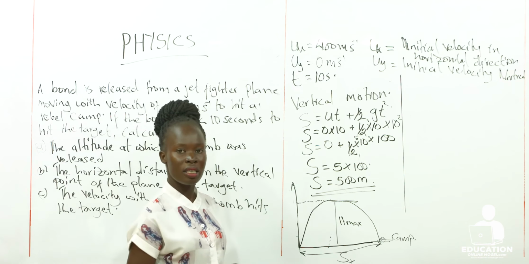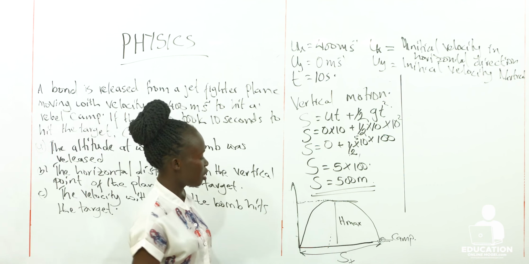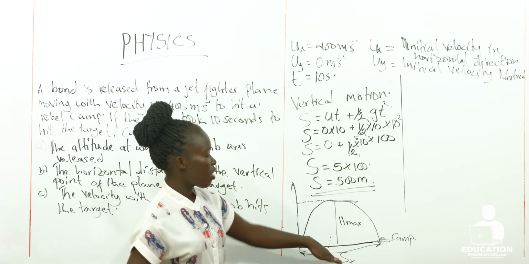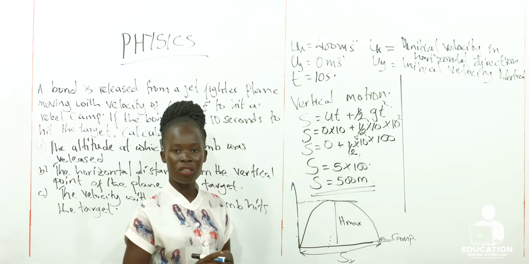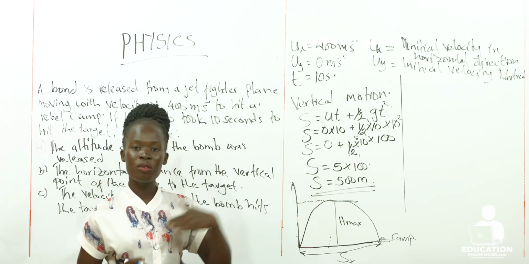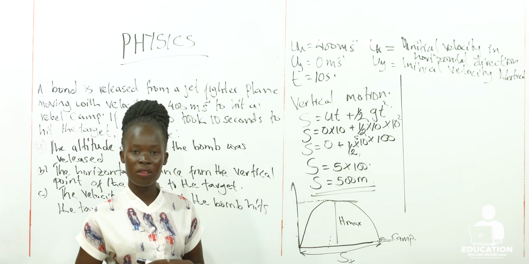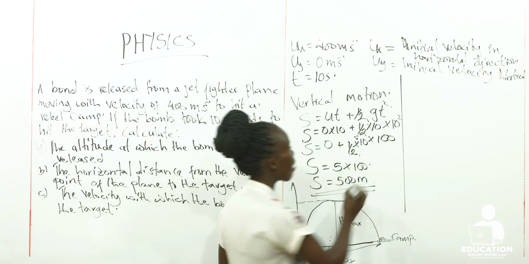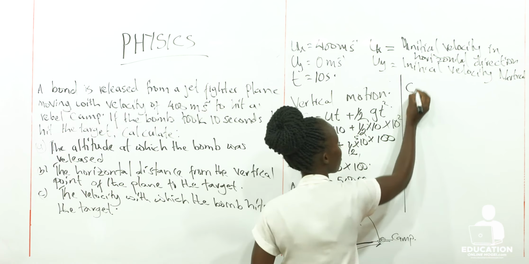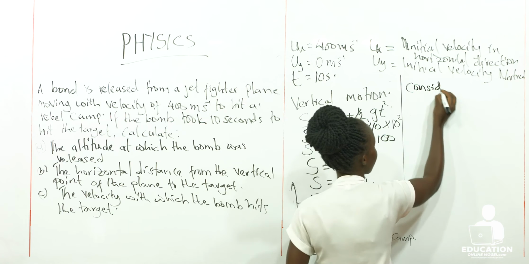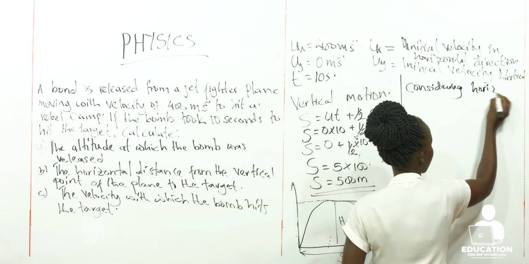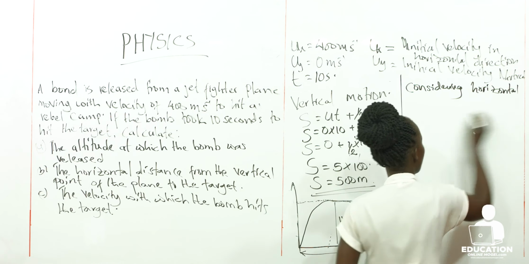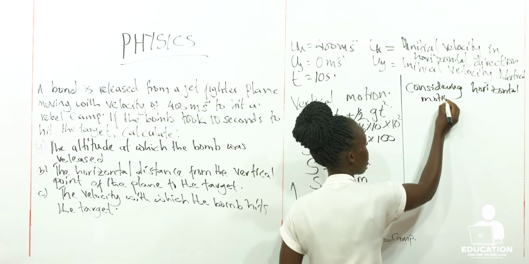How do we find it? What happens at this point? You'll see that with the horizontal, we already had the initial velocity with which the plane was moving, which is the 400 meters per second. Here we are considering horizontal motion.